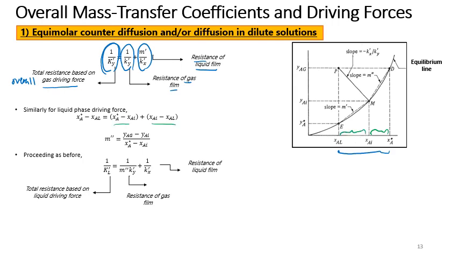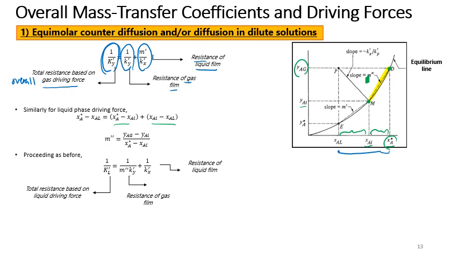Based on the liquid phase, this is your one point, XA star and YAG. And then at the interface is XAI and YAI. If you connect the two points together, you get this line, and this gives you the slope M double prime.